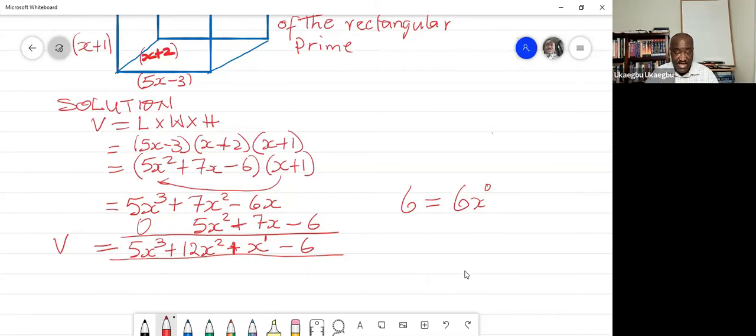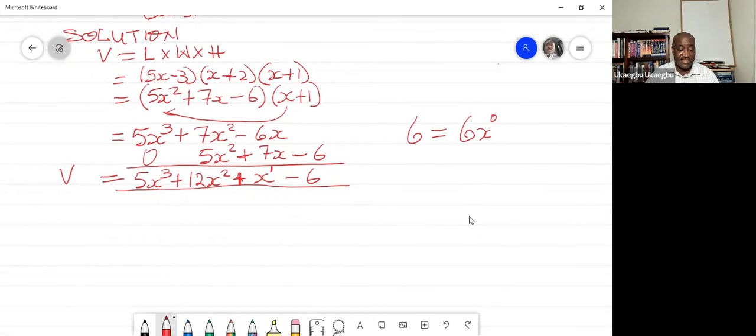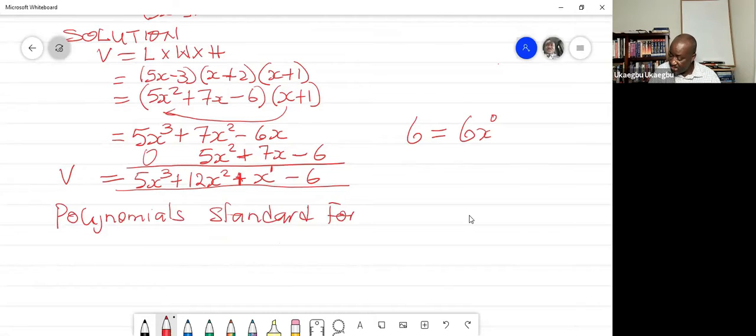But now let me write a polynomial and then we try to write it in standard form. So I'm going to write a polynomial now. Polynomial standard form. I'm going to give you an example. I will write this polynomial to be, let's say, 4x cubed minus 8x plus x raised to power 5 minus 3x raised to power 4.